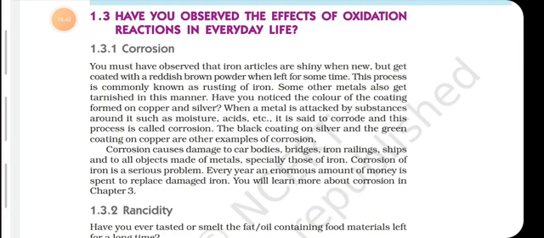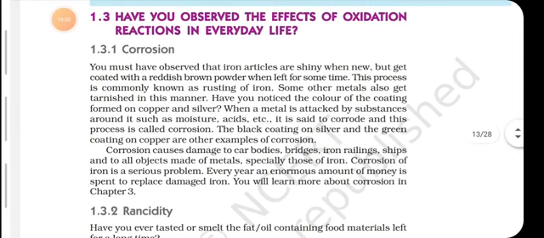Have you observed the effects of oxidation reduction reactions in everyday life? Yes, of course. As we all know, a ship sailing in the water gets corroded in due time. The grills of the windows and doors made of metal also get corroded. As you have seen, rust is formed, the layers peel off, and the color also changes.